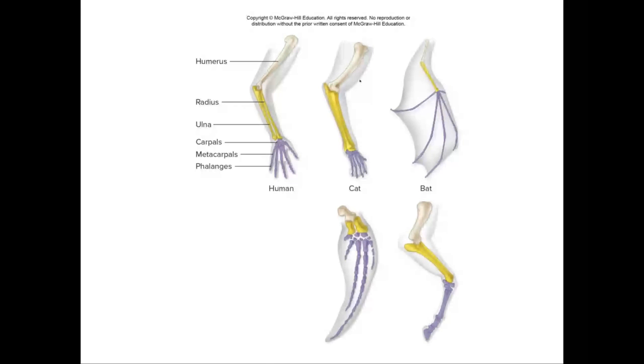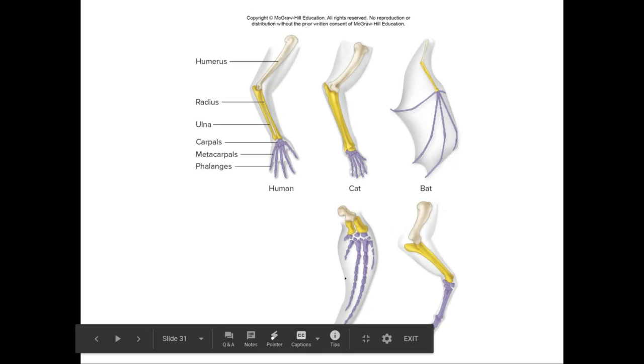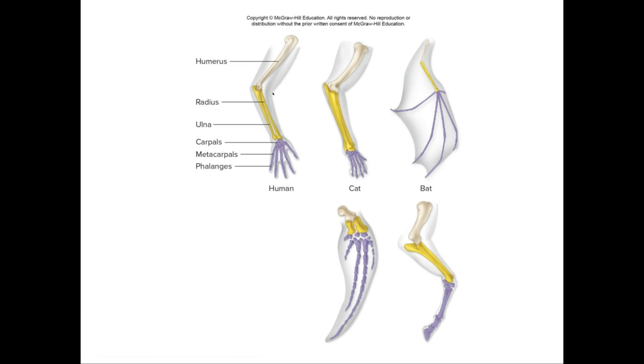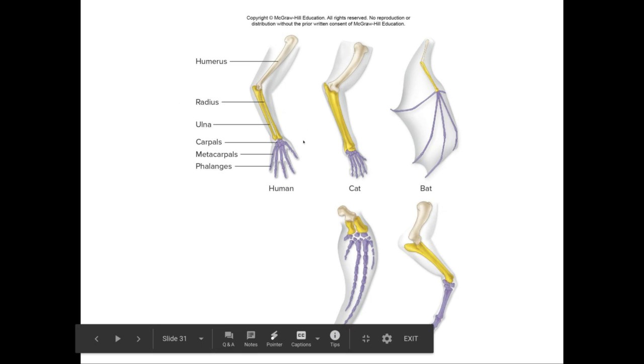So we have the humans, cats, bats, marine mammal, and horse, all mammals, right? Bats being the only flying ones, and they all have the same structure: humerus, radius, ulna, carpals, metacarpals, phalanges, and you can see that exact same bone structure across all species. Now, they're highlighted so it's easy to pick out, but this set of 6 types of bones being the base would have been present in the ancestor to all of these mammals.